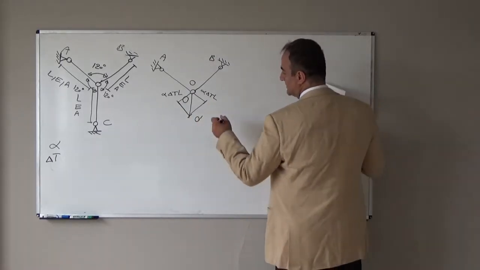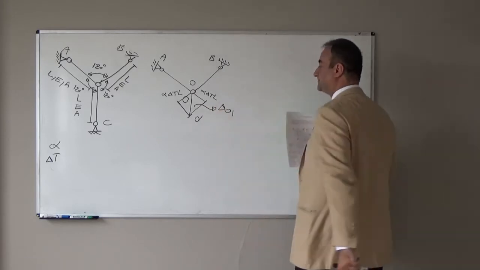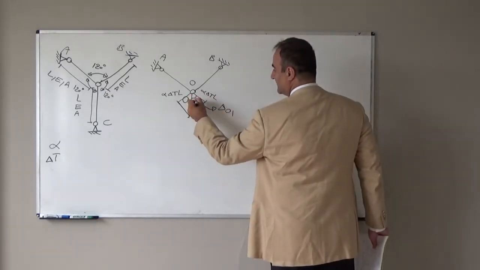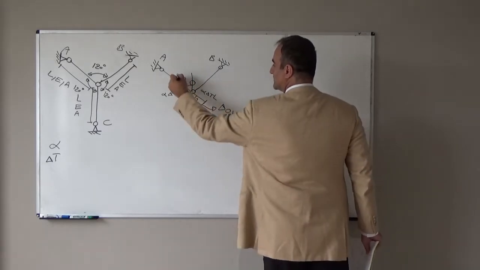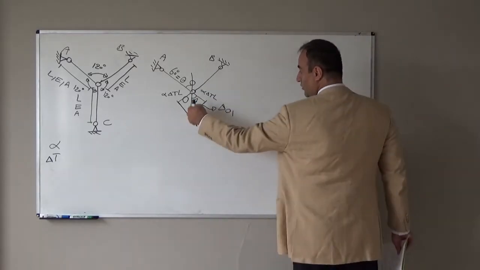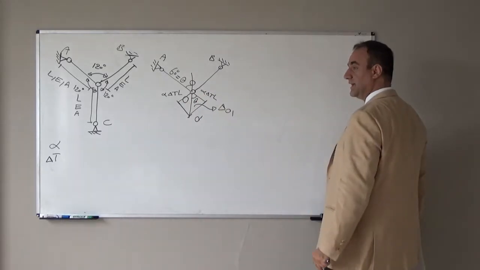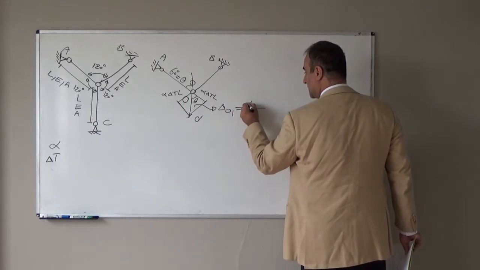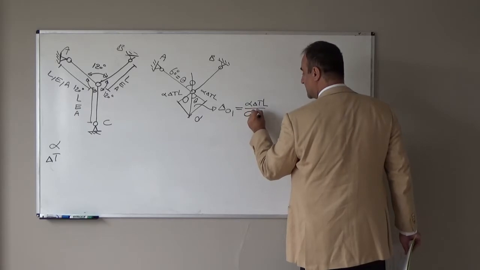This I show with delta O1. You see delta O1, if this angle is theta, this angle is theta, so it is 60 degrees. You see here, delta O1 cosine theta is equal to alpha delta T L. So delta O1 should be equal to alpha delta T L divided by cosine theta.